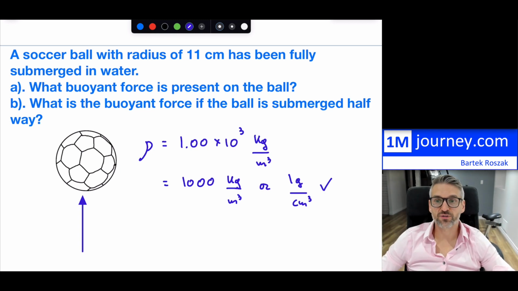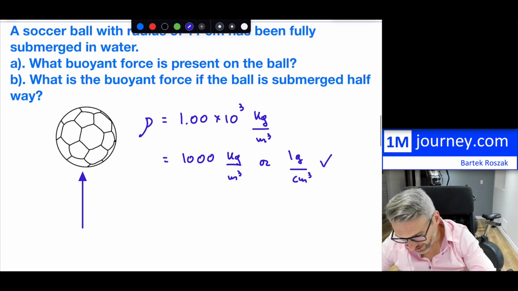So it's much easier for us to say, if you want to know what the buoyant force is, just use Archimedes' principle. What he said was, if you submerge this ball entirely in water, how much water would it displace? That's the question.